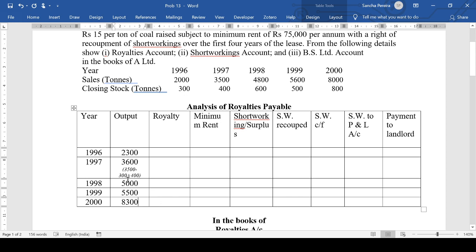That's why I'm minusing 300 from 3,500. And 400 is the stock that is left this year. That's why I'm adding it to 3,500. I want to know how much was raised only, not how much was sold or how much was left. I want to know what is the total that was raised. In the first year, there was nothing to minus because there's nothing previously.